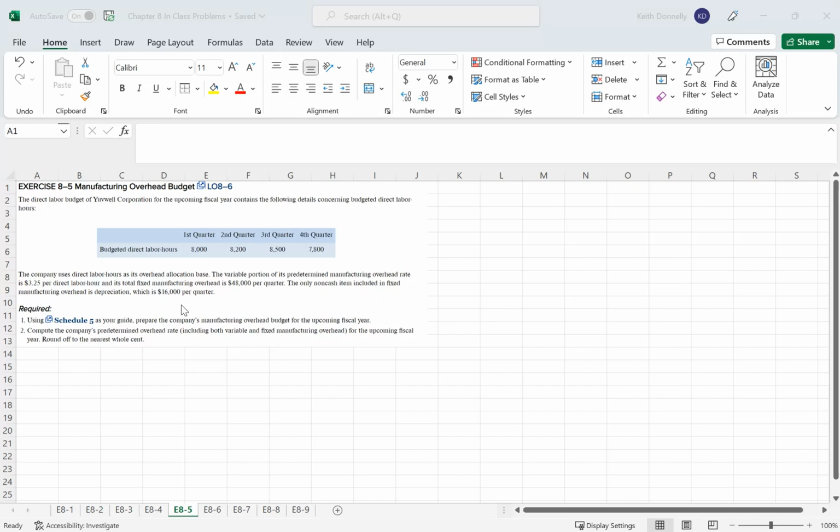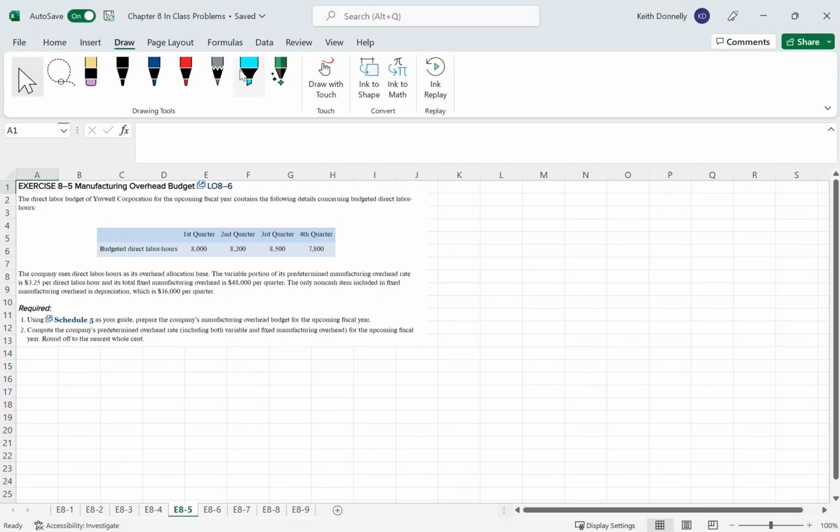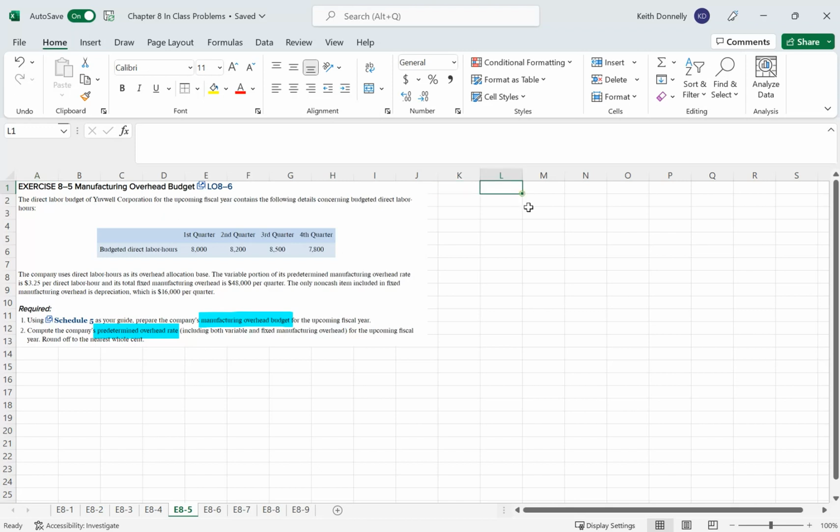The only non-cash item included in fixed manufacturing overhead is depreciation, which is $16 per quarter. Using Schedule 5 as your guide, they want us to prepare a manufacturing overhead budget for the upcoming year. Then compute the company's predetermined overhead rate for the upcoming fiscal year, rounded to the nearest whole cent.